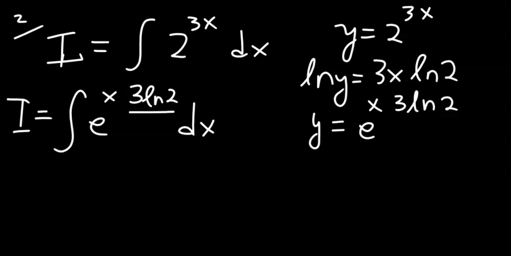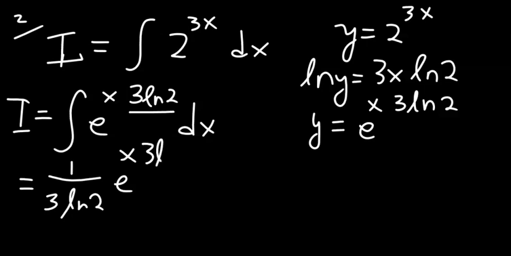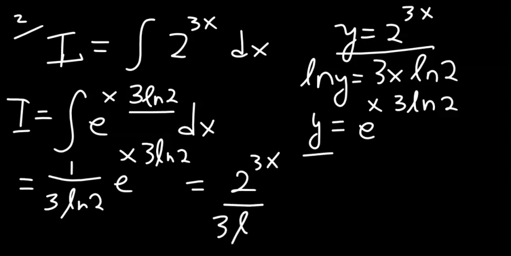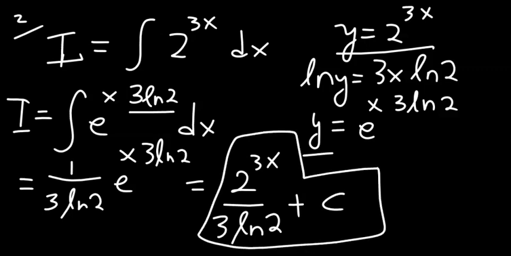Note, that's a constant, so upon integrating it, you get 1 over 3 natural log of 2 times e to the power x times 3 natural log of 2, which we know is y, and y is just that. Substituting that, you get 2 to the power 3x over 3 natural log of 2 plus an integration constant. Let's call that c. And that's the complete answer.